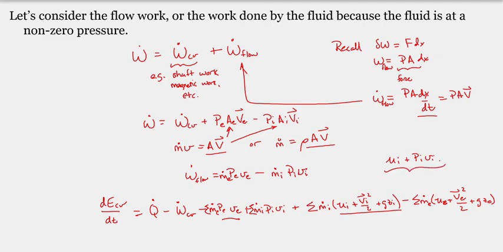If you recall, we talked about state properties, and we introduced a number of different properties in the previous unit. And one of those properties we introduced was, by definition, the enthalpy for a fluid.